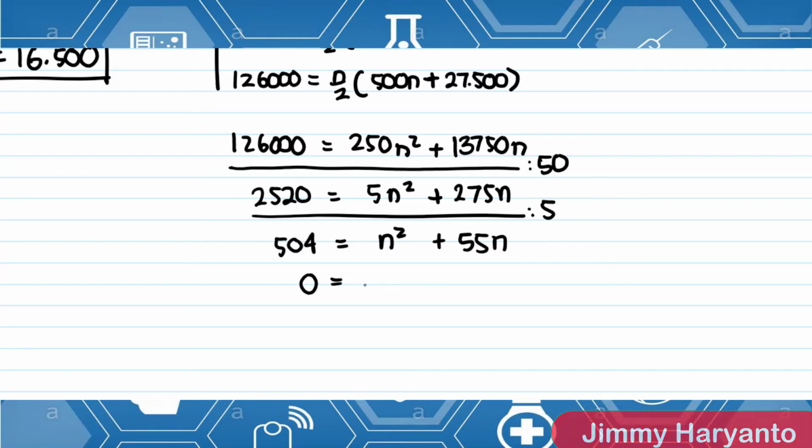After that make it 0: n squared plus 55n minus 504.